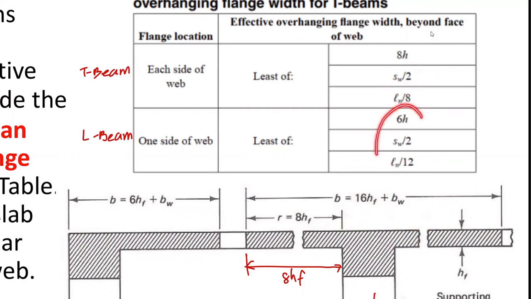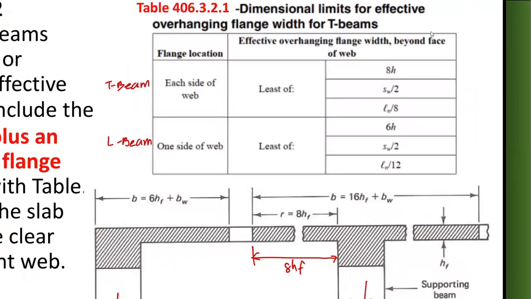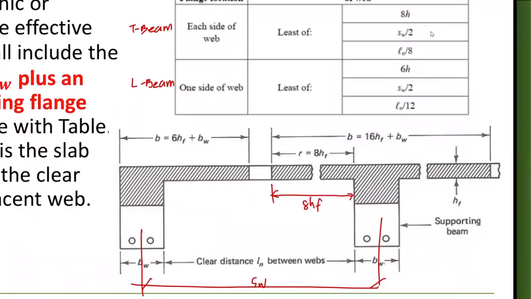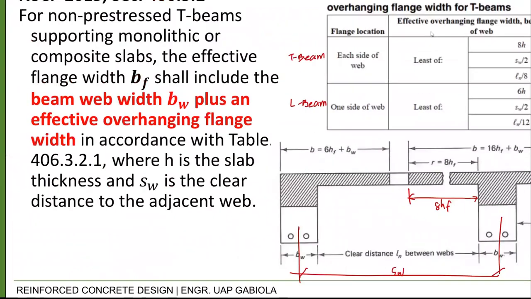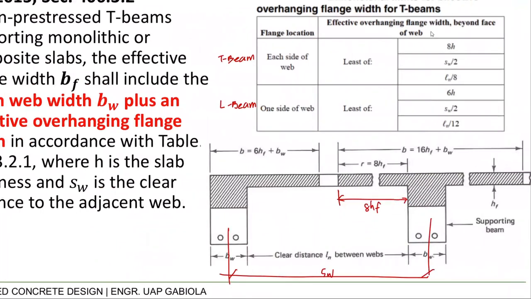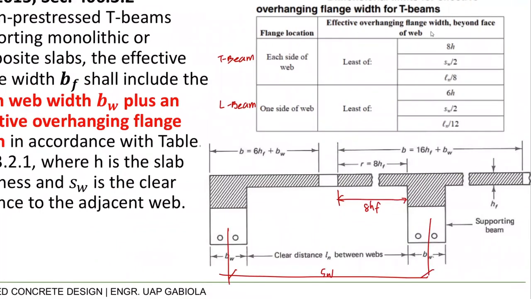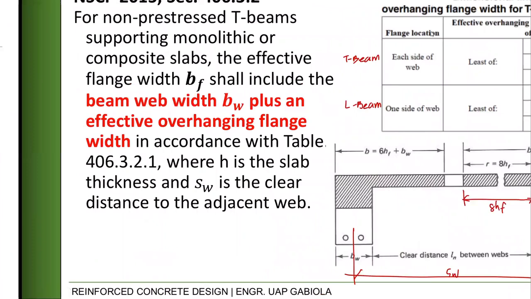Kung dito naman sa kabila, retain na siya na ganito yung mga values natin kasi hindi naman natin kinoconsider yung kabilang side kasi wala nga siyang flange dun sa other side pag L-beam siya. Okay? So, to simplify yung mismong formula that we will use for width ng flange, we can use this formula.